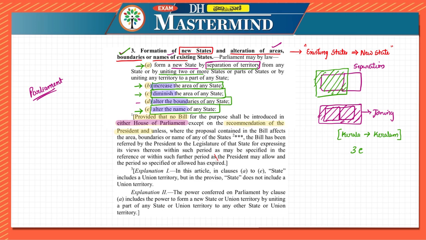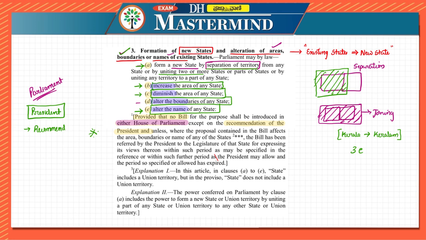Very, very important, only on the recommendation of the president. So what we have to do is understand the list of bills or list of items in the constitution which need the recommendation of the president in order to be introduced in the parliament.